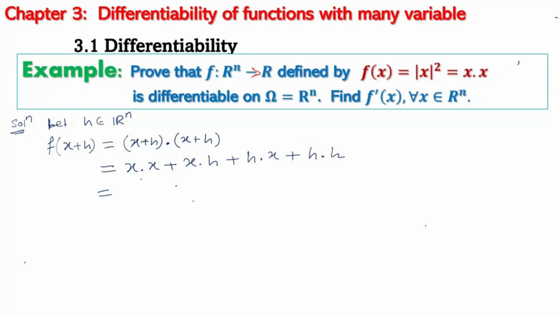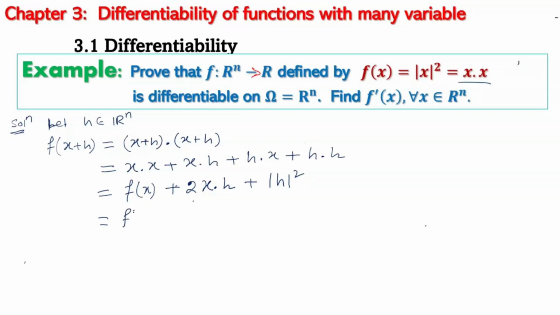So this is equal to x dot x, which is the given function f of x, plus two x dot h, plus h dot h, which is absolute value of h whole square.